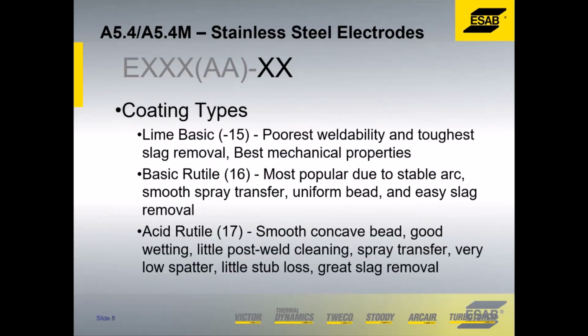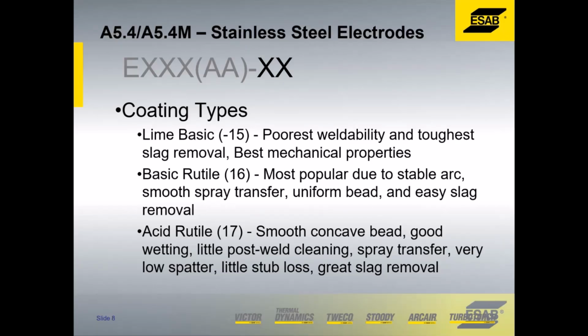So the 15 type coating has really poor weldability. There's a lot of spatter. Slag release is very difficult, but it has great mechanical properties, especially impact resistance. Your 16 is a rutile, but a basic rutile. It's probably the most common in North America, where a 17 type, an acid rutile, is a lot more common in Europe.